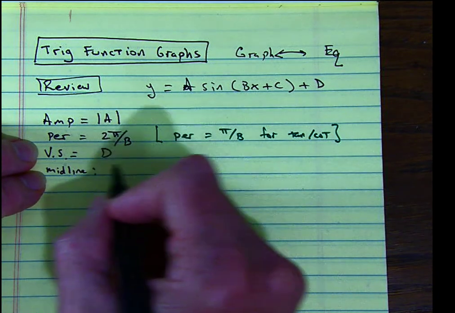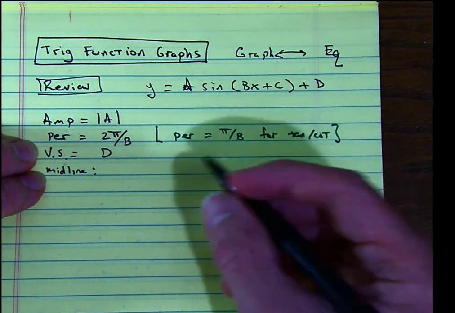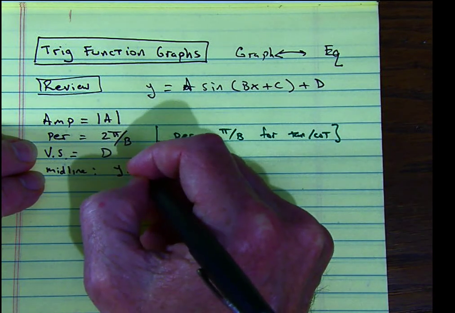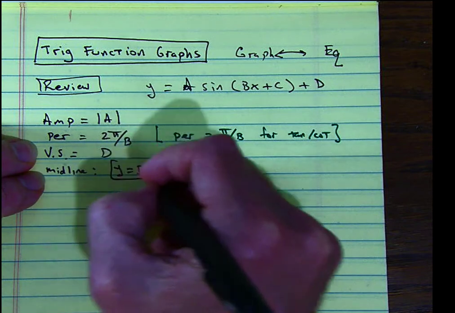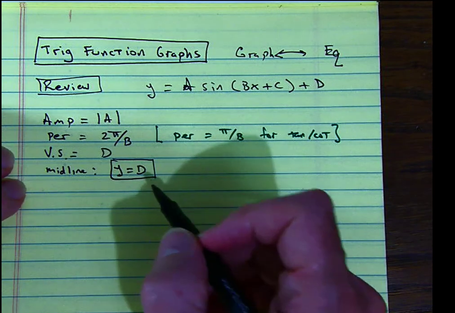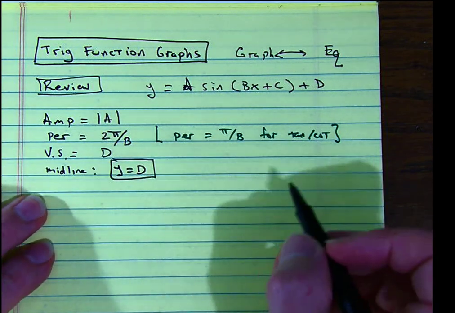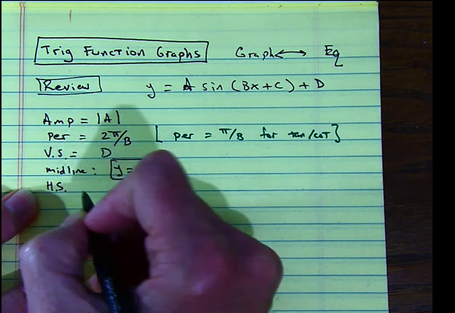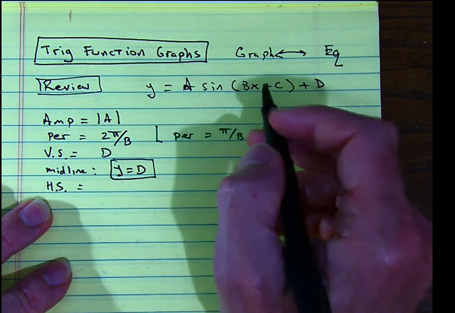The midline is the central line that the wave bounces back and forth upon, and that's going to also correlate to the d value. So y equals d is going to be the line that is in the middle of the wave. And then lastly is the horizontal shift or the phase shift.